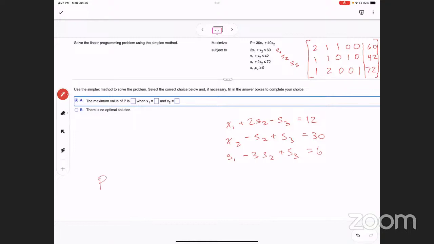So here's what we're trying to maximize: P equals 30x1 plus 40x2, plus 2s2 minus s3 equals 20. Shoot, I don't remember how you actually maximize it now. Maximum value of P is blank when x1 equals that and x2 equals that.